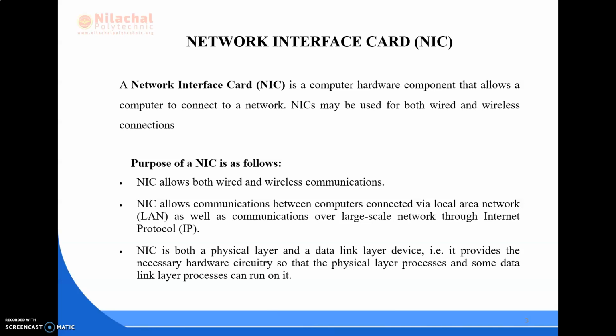NIC is both a physical layer and a data link layer device. That is, it provides the necessary hardware circuitry so that the physical layer processes and some data link layer processes can run on it.